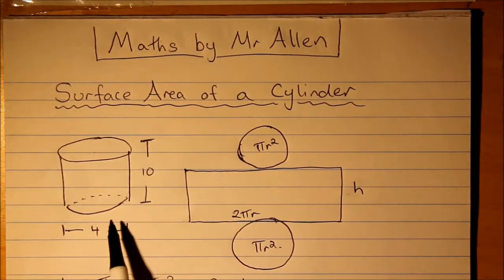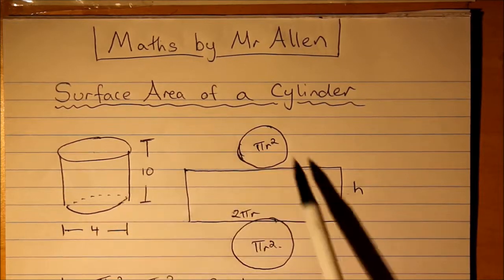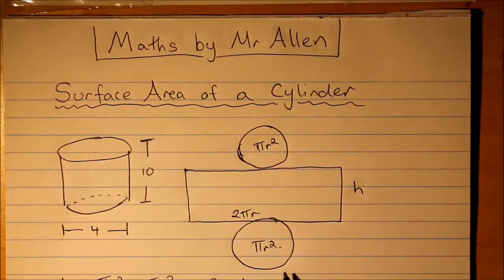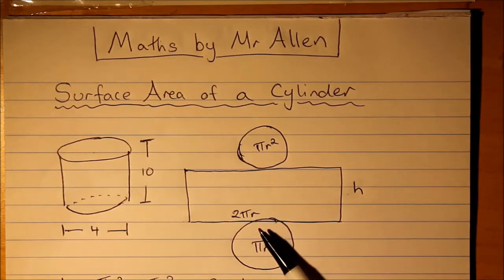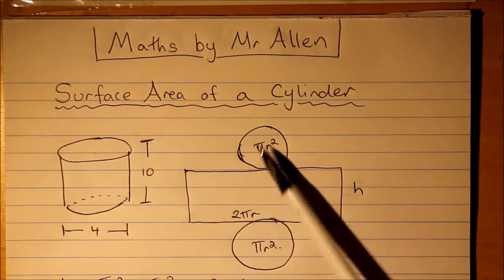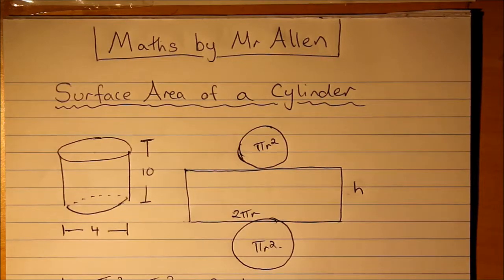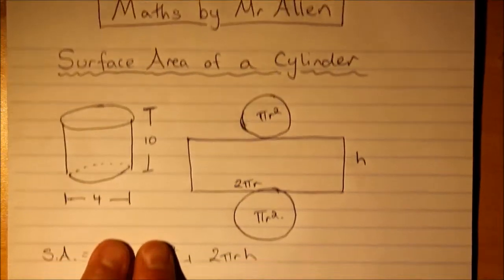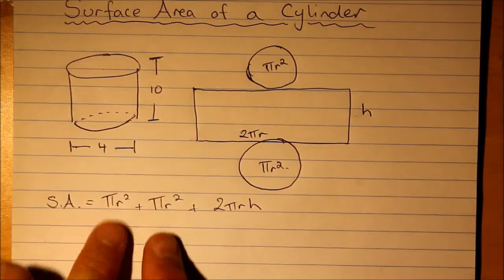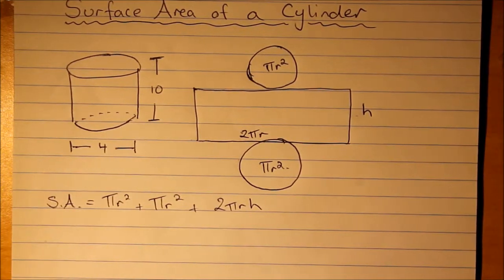Not all the problems you're going to get are closed cylinders. A closed cylinder is when you've got a top and the bottom. You may have a cylinder that's open at one end, or it could be open at both ends. You need to be able to get rid of one of the circles, or maybe two of the circles, and this is why it's important to be able to construct your formulas.